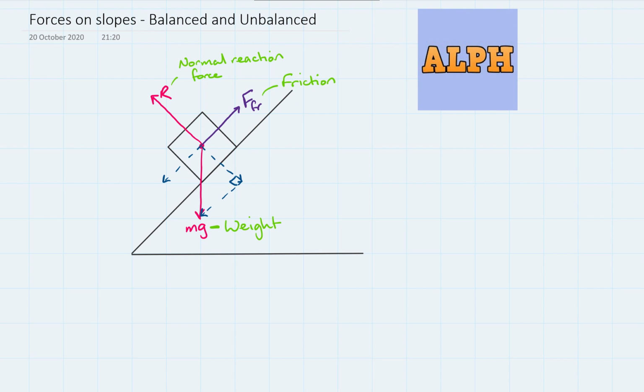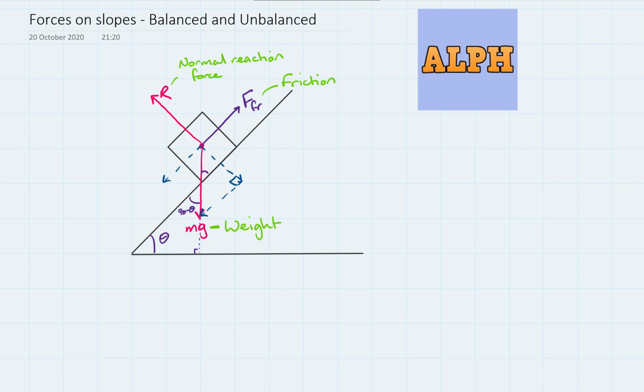The other thing that I would know is that this angle down here is theta. Now I can figure out what's going on with the angles in my triangle, because if I continue that line down there and I've got an angle there, then I've got an angle up here of 90 minus theta, and that's opposite that angle in there.